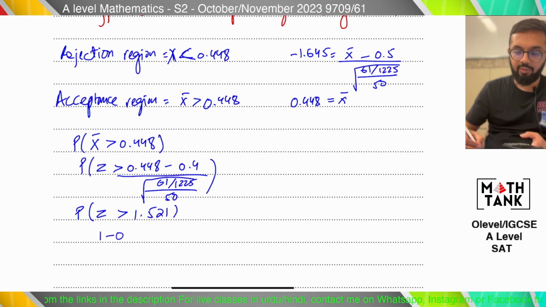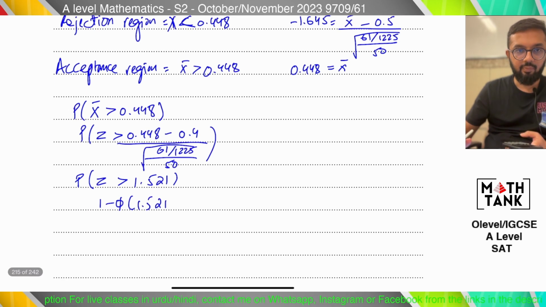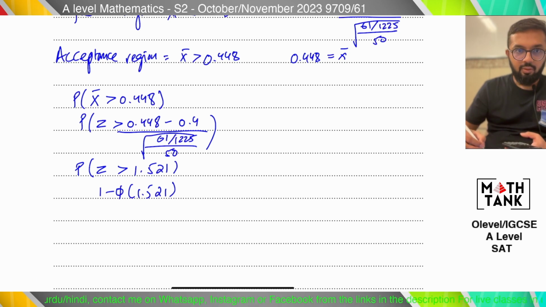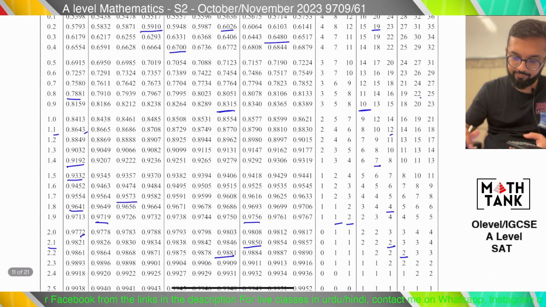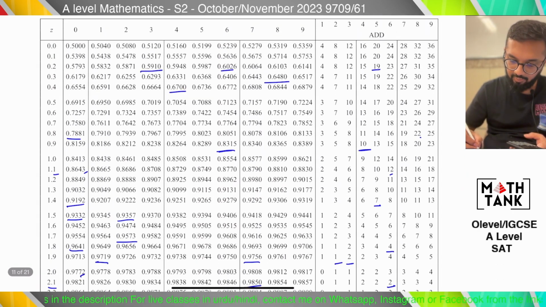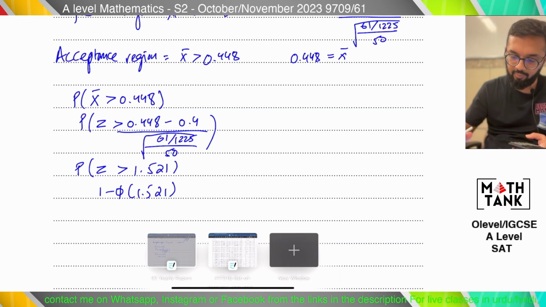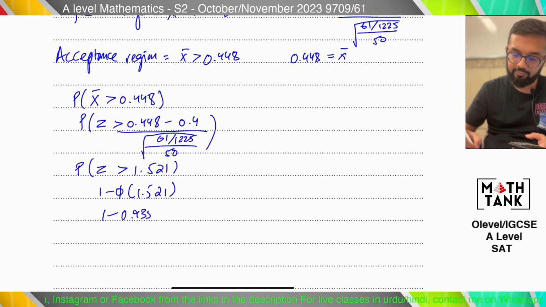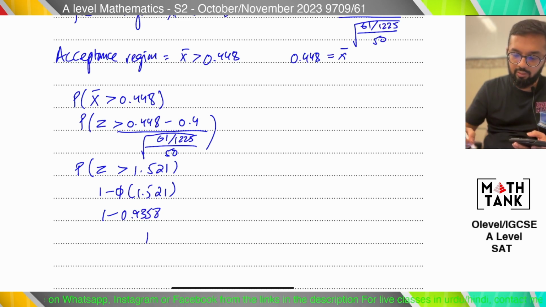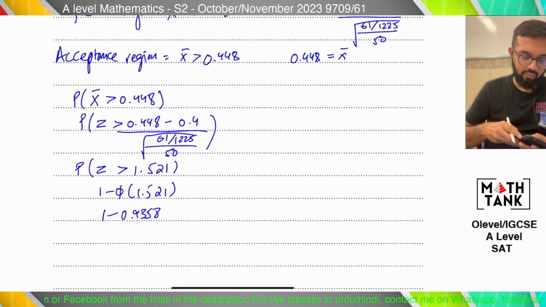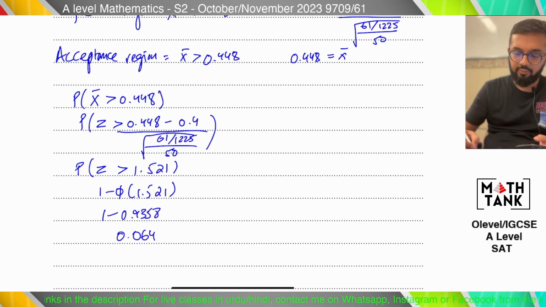Yeah, so 1 minus phi of 1.521. Okay, so 1.521 from my table, 0.9358, so 0.0642.